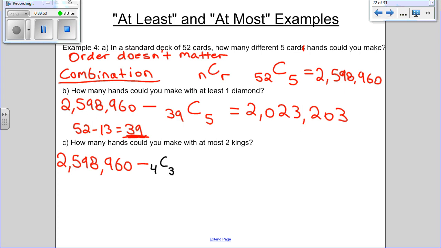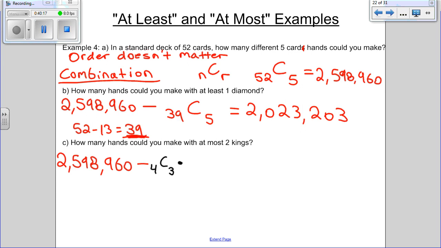So you times. How many cards are there in the deck now that you're allowed to choose from? There was 52 total, but you don't want any more kings. You've already selected your perfect number of 3 kings. So how many cards are not kings?